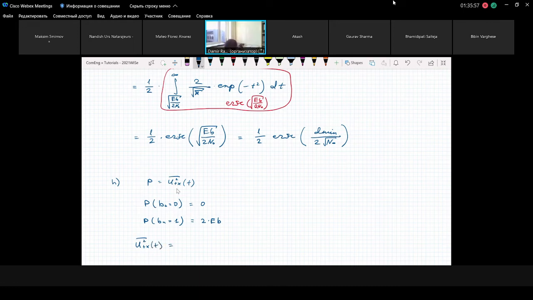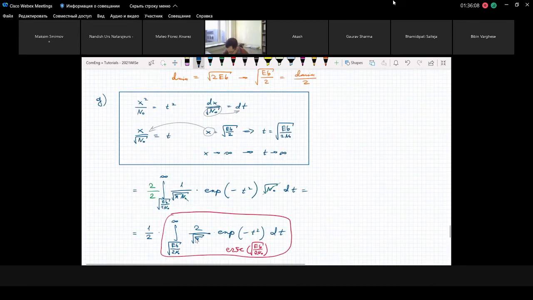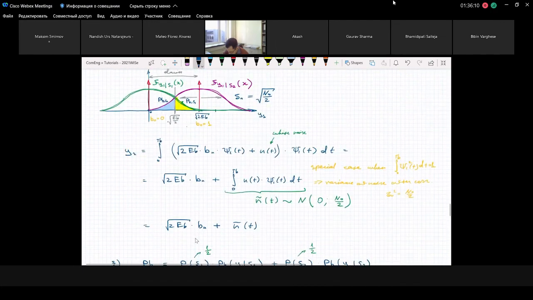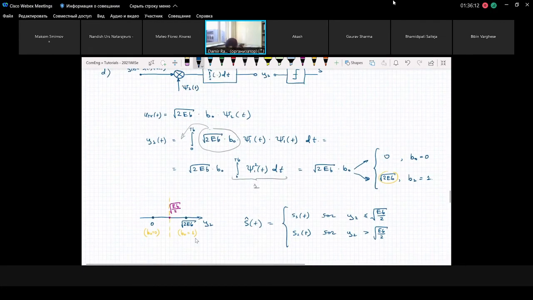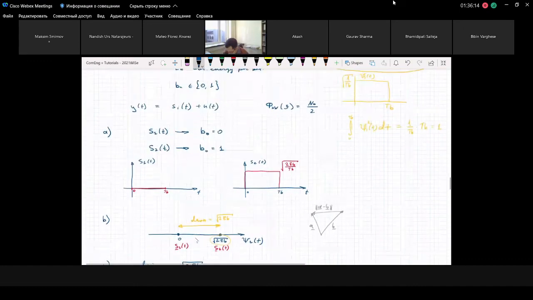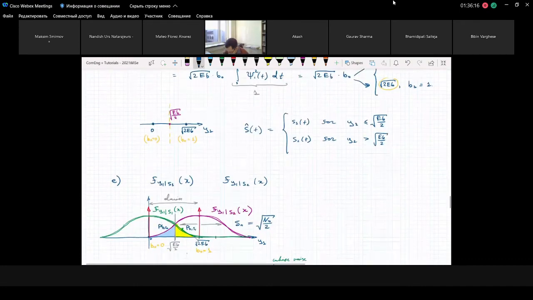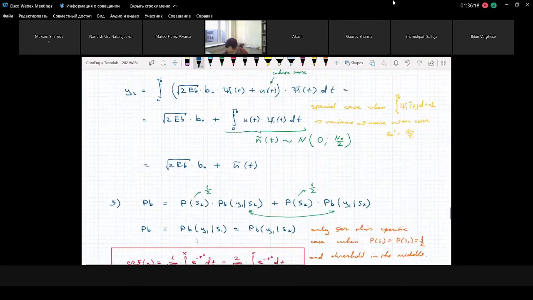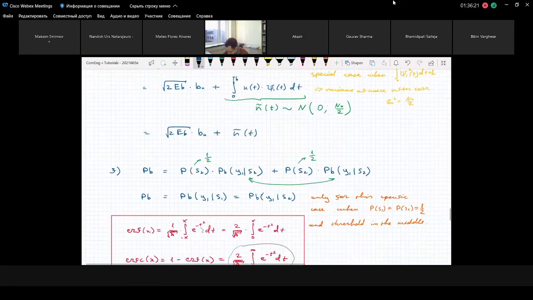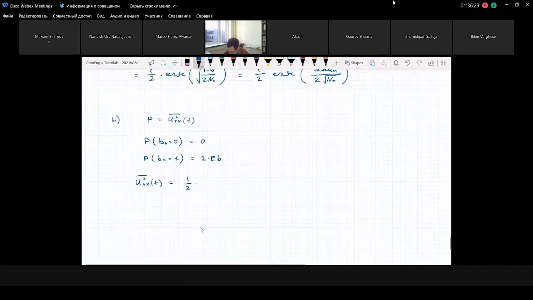So these probabilities don't change. It will be really confusing if I start writing probabilities and power together.